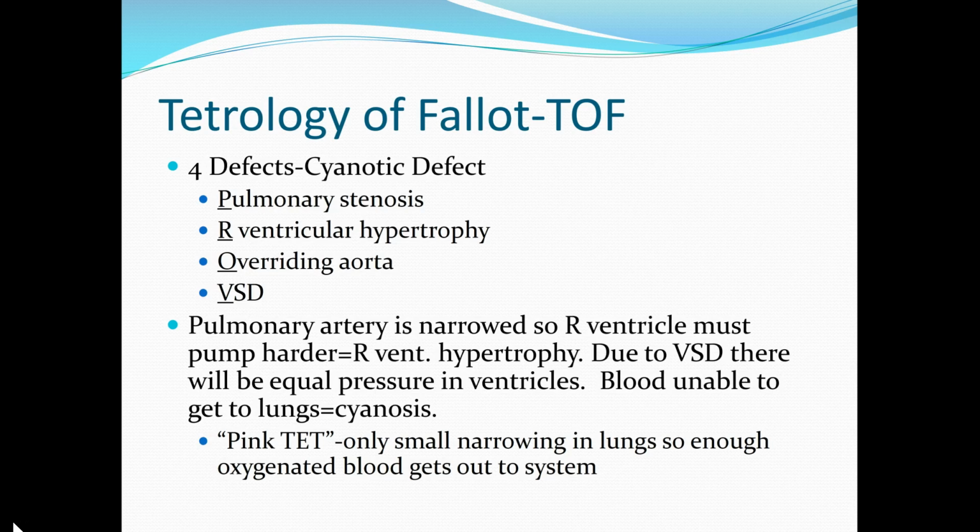And then due to the VSD, there's going to be equal pressure in the ventricles. And so blood is unable to get to the lungs, which equals cyanosis. There is something called pink tet, which is there's only a small narrowing in the lungs so that actually enough oxygenated blood gets out to the system. So they do appear pink and healthy, but they're not.